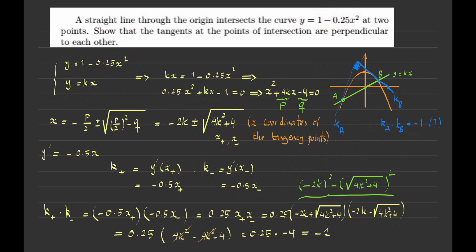And that was the goal to prove, yes? So I wanted to show that regardless of what you choose for k, the k values of the tangent lines at the intersection points are always multiplied to minus 1.